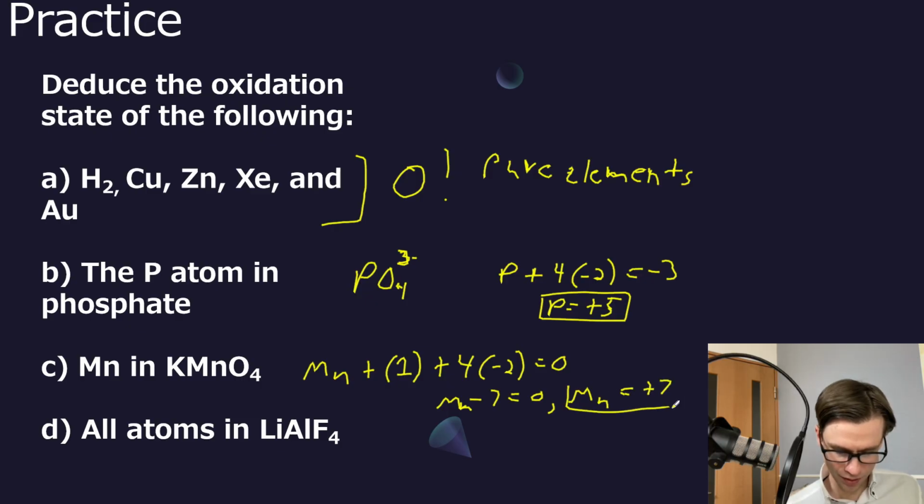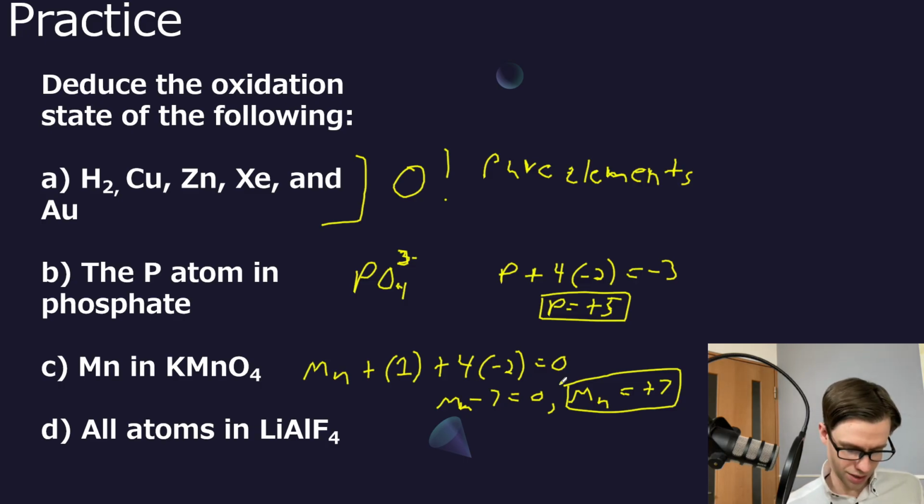So the oxidation state of manganese in this is +7. Transition metals, like manganese, or metals in the middle of the periodic table, can often have very high oxidation states. I think 7 is pretty much the highest, but beware. This is not that crazy. It's a common oxidation state for manganese.